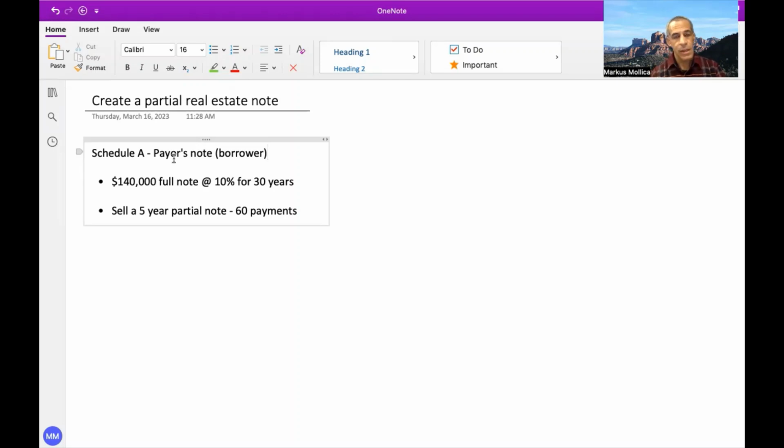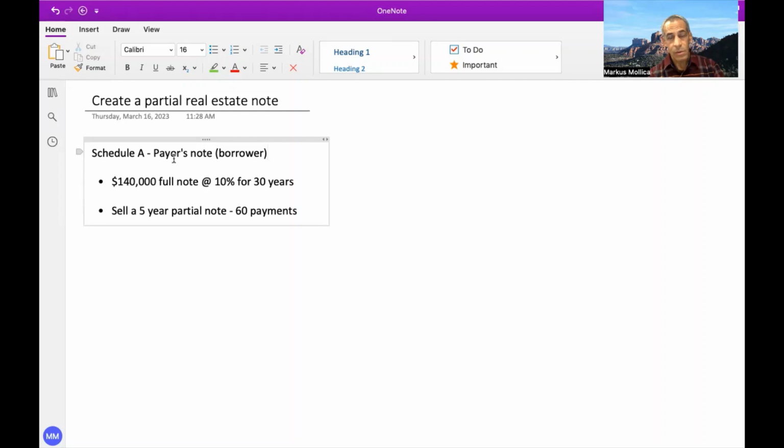I could also sell that partial at an 8% or 9% return to somebody else that just wants the cash flow. Maybe a retiree is completely fine with having an 8% return on their money, and I can sell that partial to them at an 8% return, and that also would be the basis schedule.